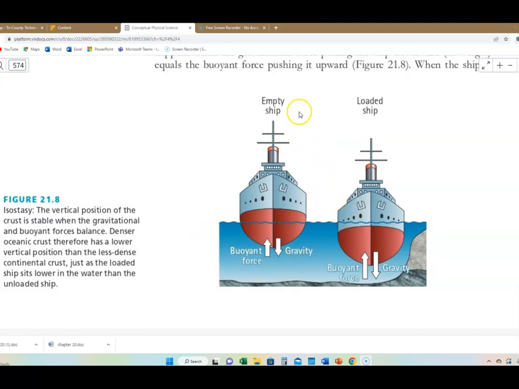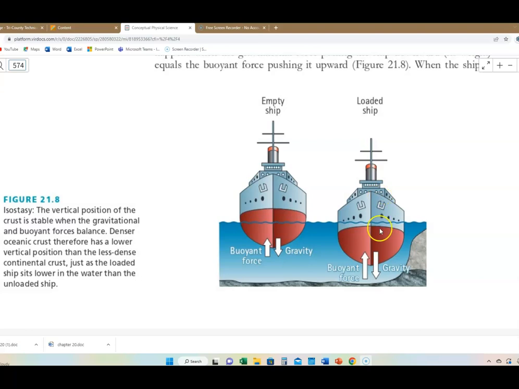If you take an empty ship, it will sink to a certain level, and then there'll be an equilibrium. If there's a bunch of cargo on the ship, it will sink lower, but ultimately, if it doesn't completely sink, then an equilibrium is met between the buoyant force and gravity.